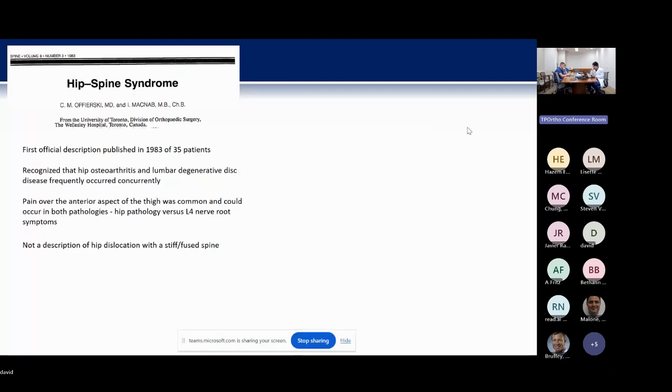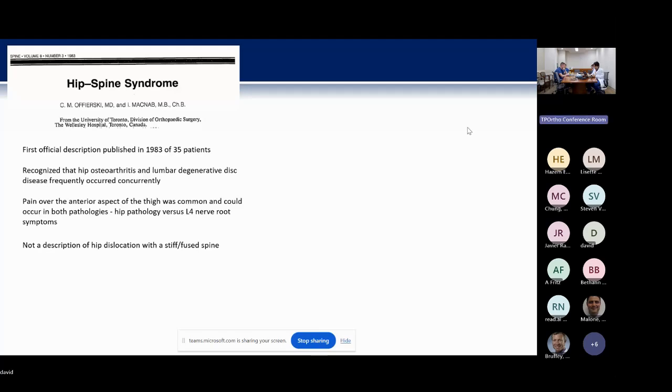This overlap in symptoms was first described in 1983 and named hip spine syndrome. They essentially highlighted that anterior thigh pain was very common. It could have been L4 and also overlapping with intra-articular hip pain.